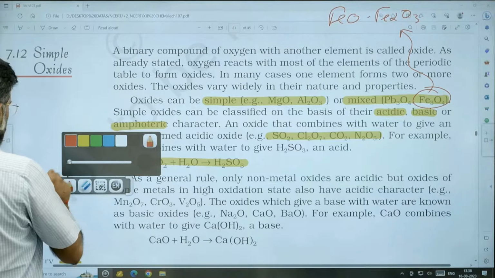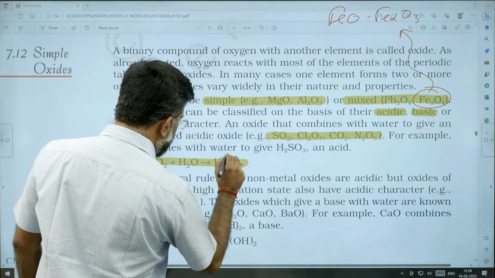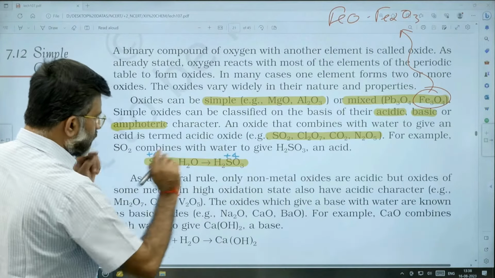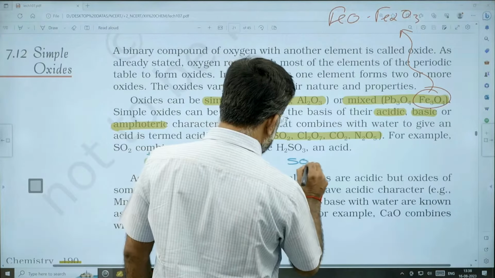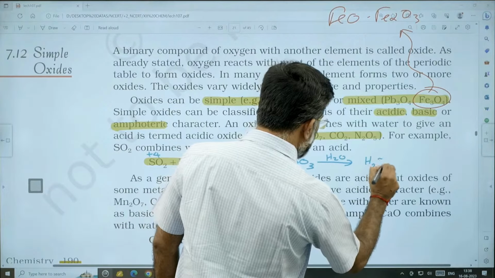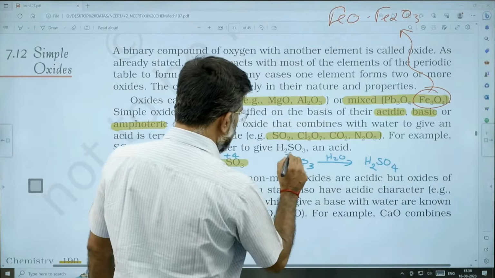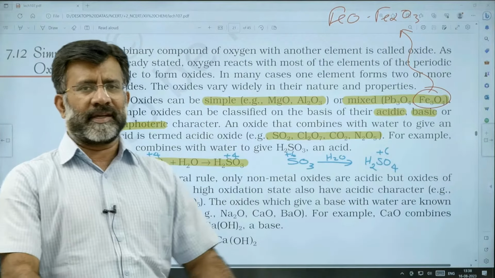I think many of you may be aware this is +4 state, and the oxidation state remains the same. If you take SO3 and treat it with water, you get sulfuric acid. And what is the logic? Here it is +6, here it is +6. No change in oxidation number.